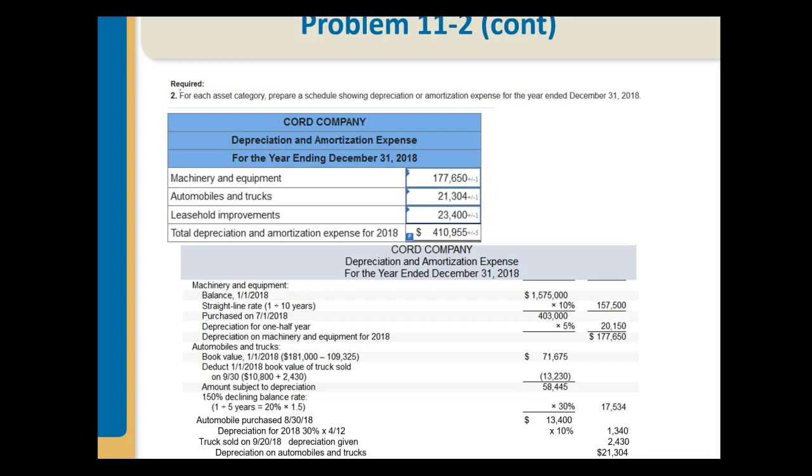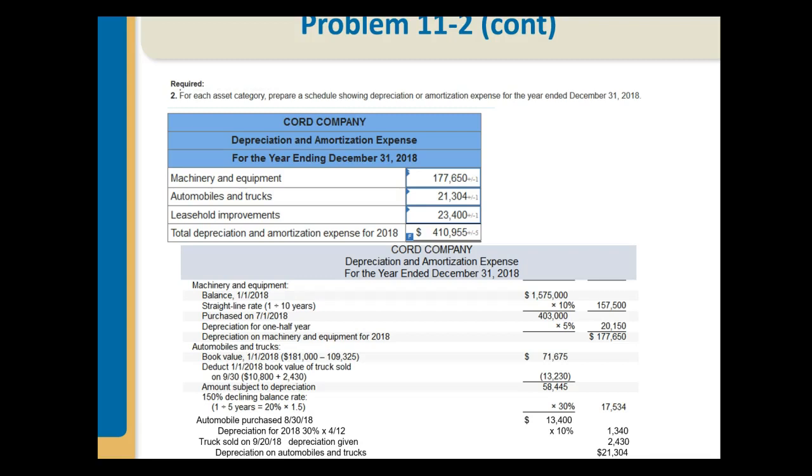So if we depreciate this over 5 years, that would be 20%. But the 150 declining rate would take that 20% times 1.5, or 30%. So the 58,445 times 30% gives us 17,534.